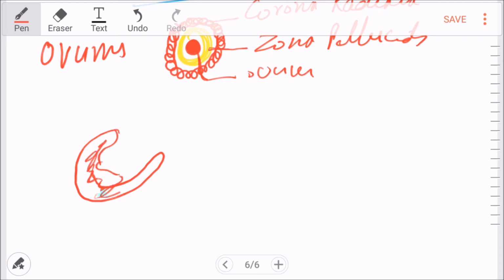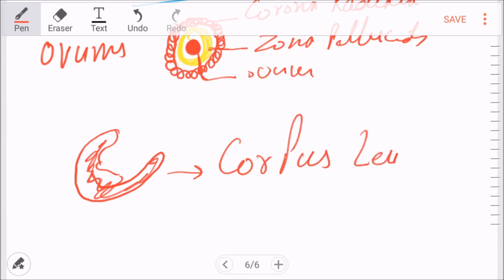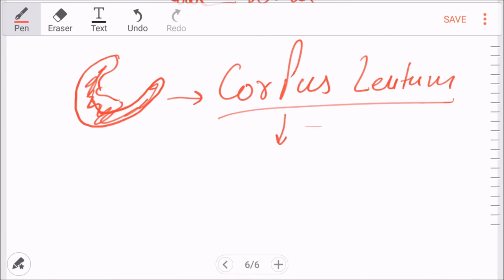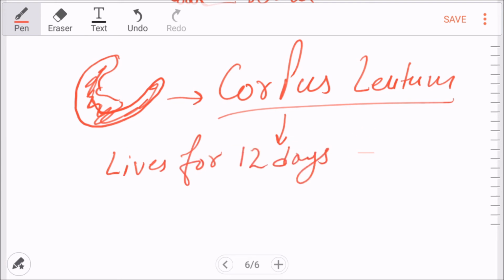Now this Graafian follicle is known as corpus luteum. So here the corpus luteum lives for 12 days if there is no fertilization.